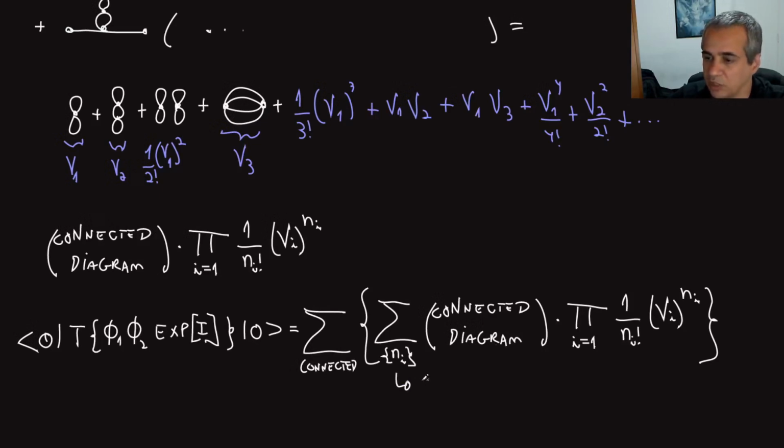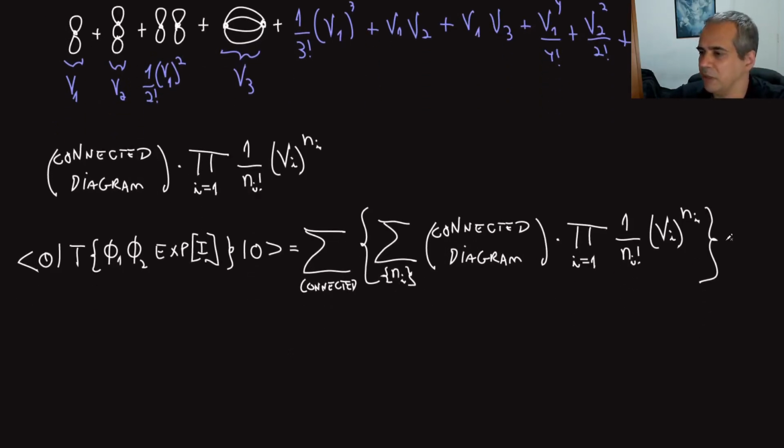Of course, that includes also the 0, 0, 0, 0 option, right? Which means just the connected diagram, right? If I put all ni to 0 here, this will give me just the connected diagram. This sum, of course, can be reorganized because the connected diagrams themselves don't depend on ni, right?